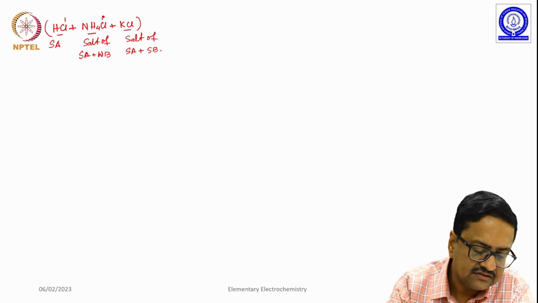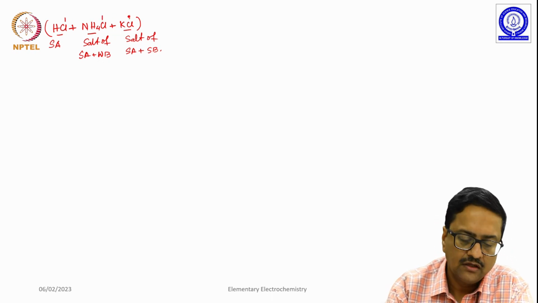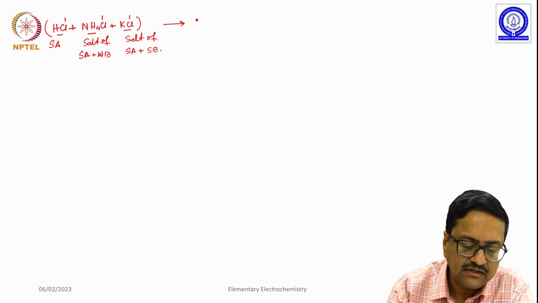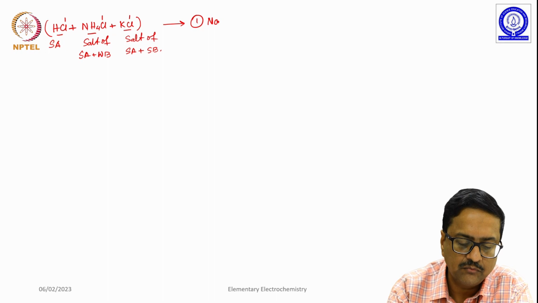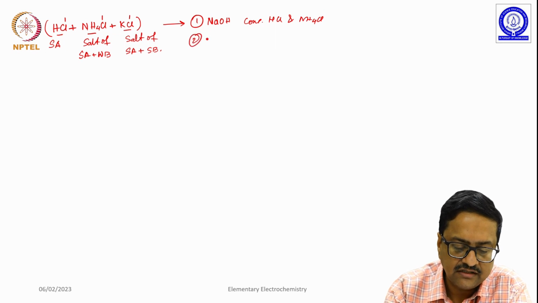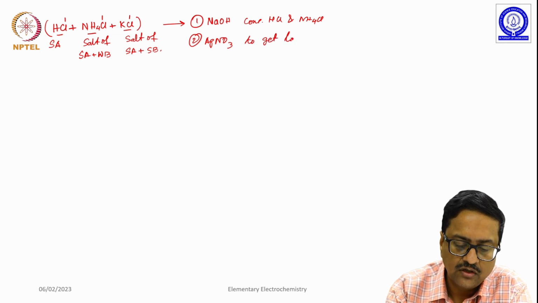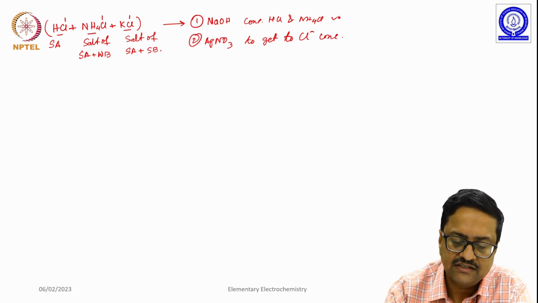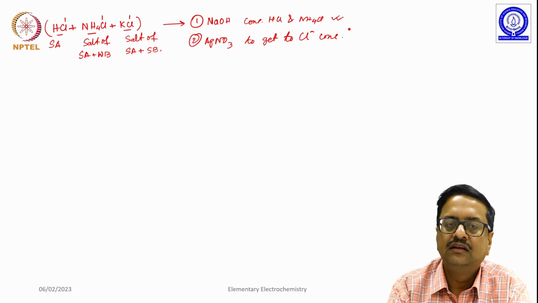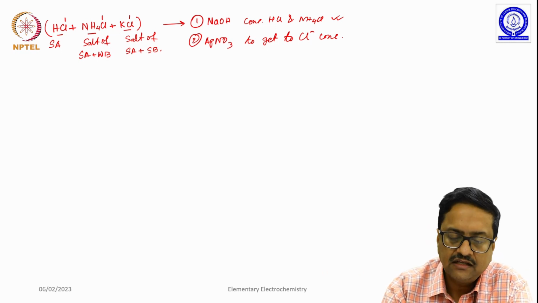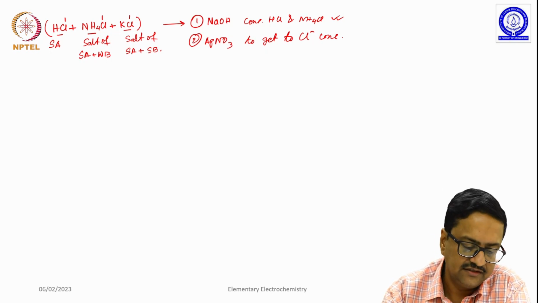One thing common here is the anion chloride. So one can do one titration using strong base NaOH to get the concentration of HCl and NH4Cl, and a second titration with AgNO3 to get the total chloride concentration, and from that one can subtract the concentrations of HCl and ammonium chloride and get the concentration of KCl.